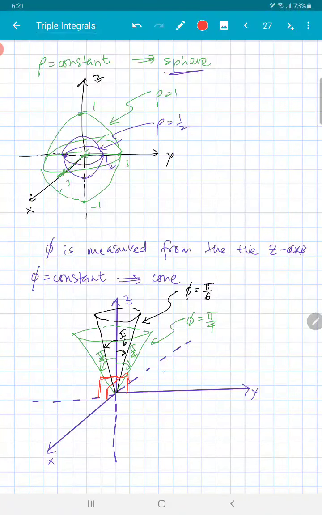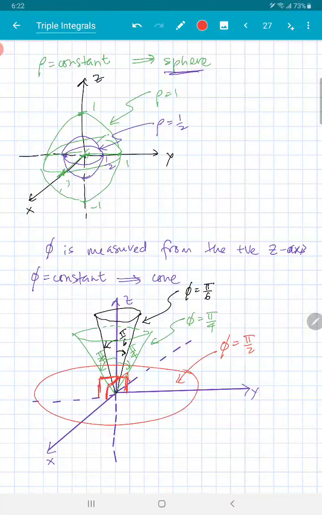So if you connect them together, what you get is a plane, or you can draw it as a rectangle or triangle, whatever, as long as it's a flat surface parallel to the xy plane. So this is phi equals pi over 2, because the angle between the positive z-axis and here is 90 degrees, and this is also 90 degrees.